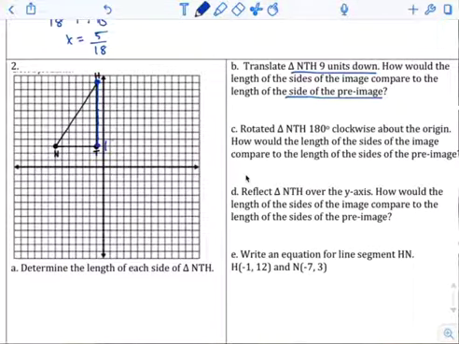So letter H. Count 1, 2, 3, 4, 5, 6, 7, 8. 2, 4, 6, 8, 9. Letter T.